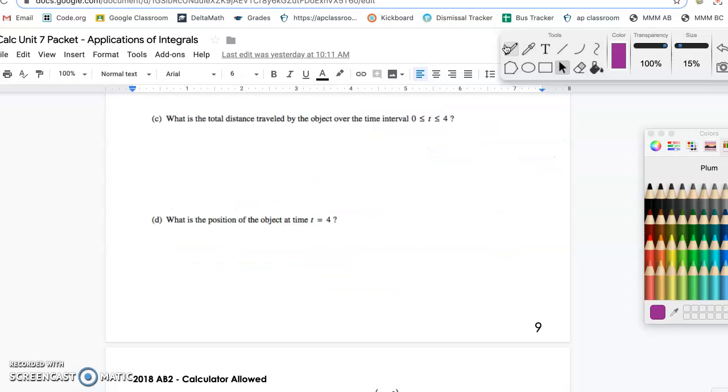Our total distance traveled is going to be the integral from 0 to 4 of the absolute value of velocity dt. And because this is the calculator section, you don't have to figure out when it's negative or anything like that. You're just plugging that directly into your calculator.